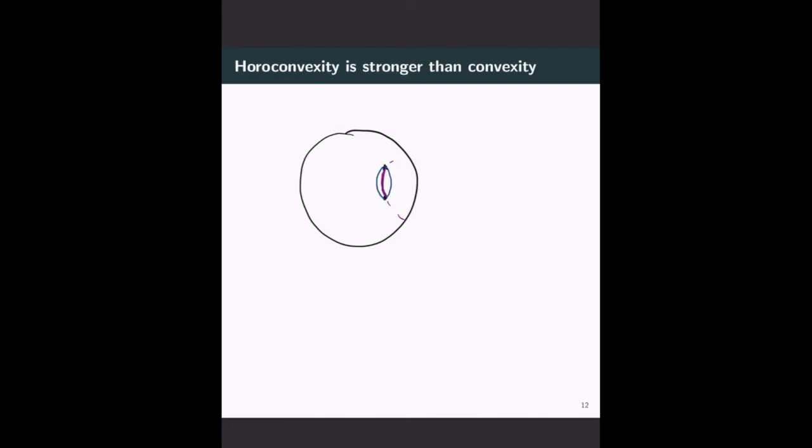In the half plane model, for example, this part of the rainbow that I'm coloring in purple is convex, but not horoconvex.